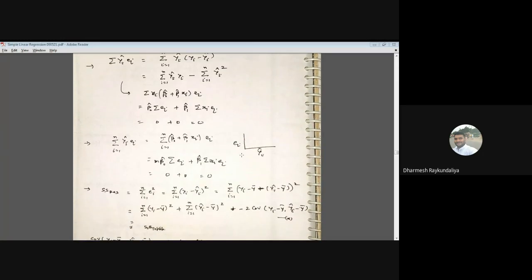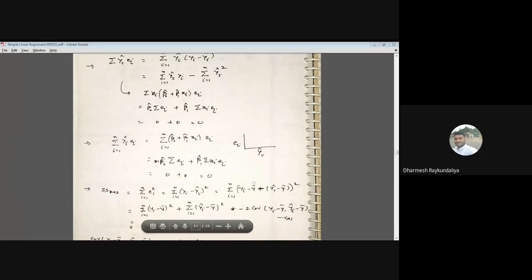Now what is the sum of square due to residuals? The sum of square due to residuals is summation ei square, and summation ei square is nothing but summation yi minus yi cap whole square. तो यहाँ पे हम क्या करेंगे, y bar subtract करेंगे and y bar add करेंगे. तो we can write it as yi minus y bar minus yi cap minus y bar. So y bar ये minus है, this will be plus, this cancels out, so you will get the same quantity.